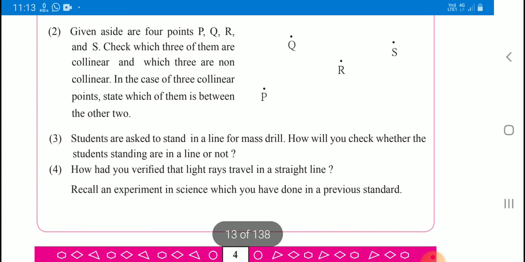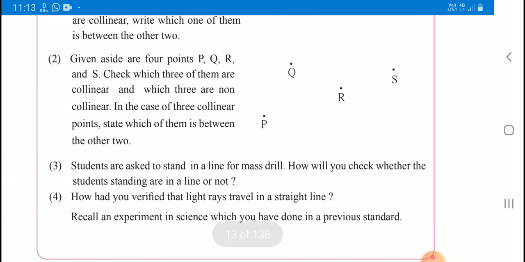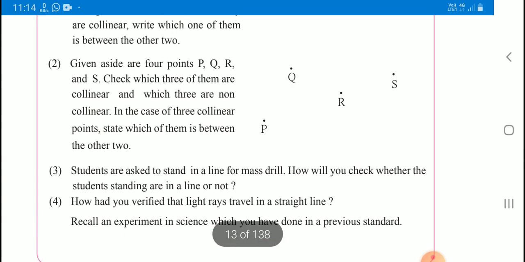Means whatever we perform in the school when the march drill or exercises are going on. How will you check whether the students standing are in a line or not? By using collinear points, non-collinear points, betweenness, that you have to see.